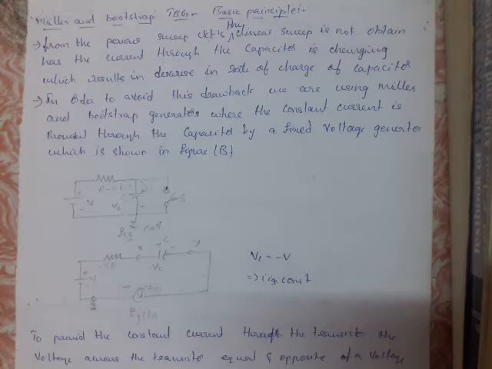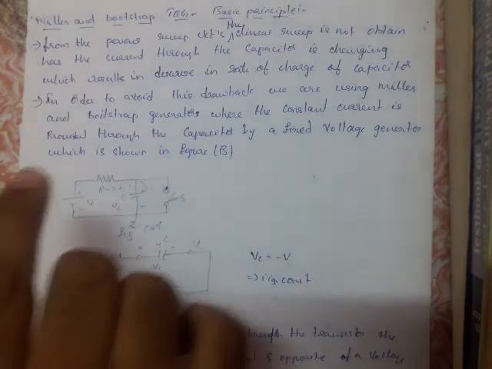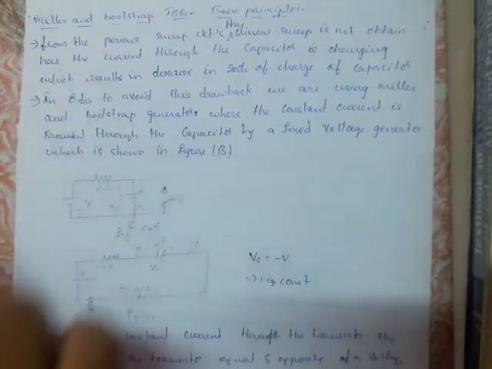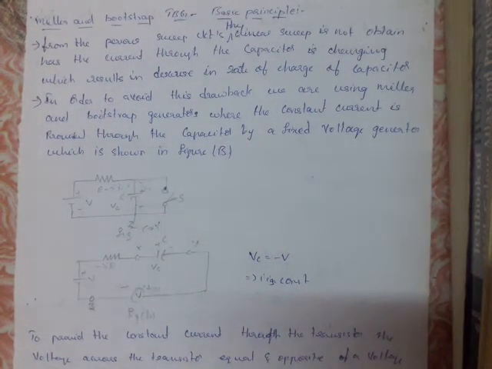Next, you have to read the first point here. From the previous sweep circuit, the linear sweep is not obtained because the current through the capacitor is charging, and again the capacitor is discharging after some time.